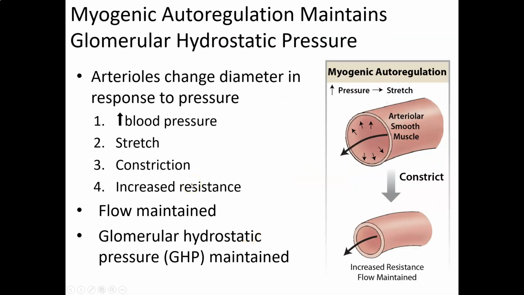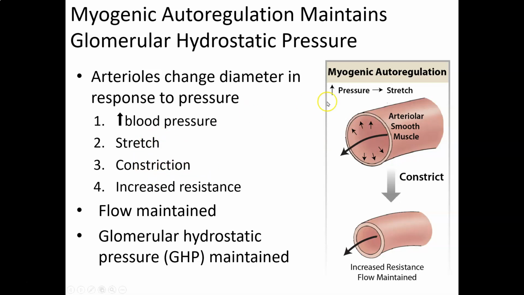So let's look at a little more detail about each one. The myogenic mechanism is an autoregulatory mechanism that helps to maintain glomerular hydrostatic pressure. So again, the arterioles can change their own diameter in response to pressure or stretch within the arteriole. So if we increase the blood pressure, that causes an increase in stretch.